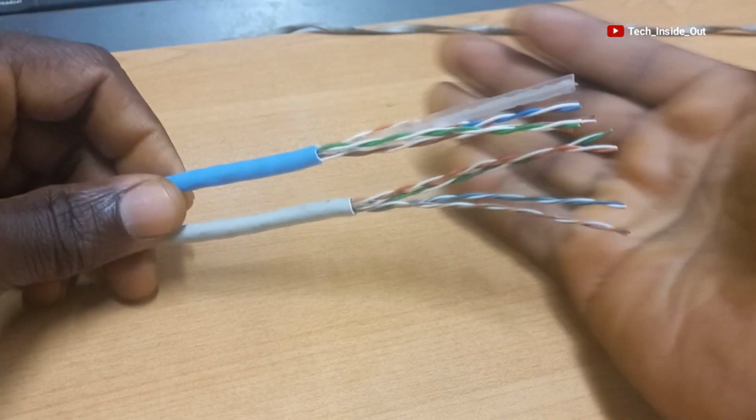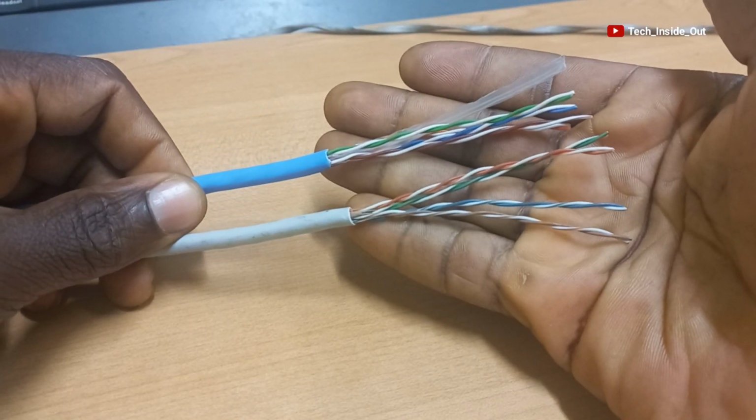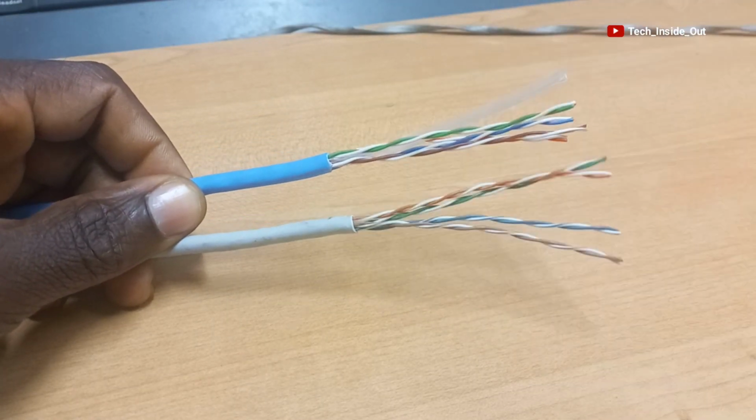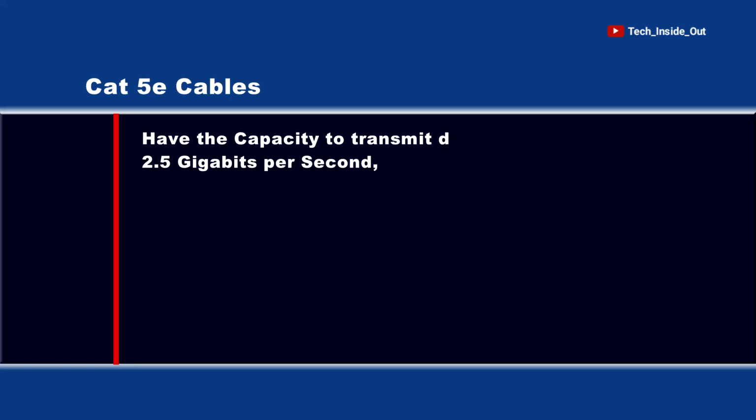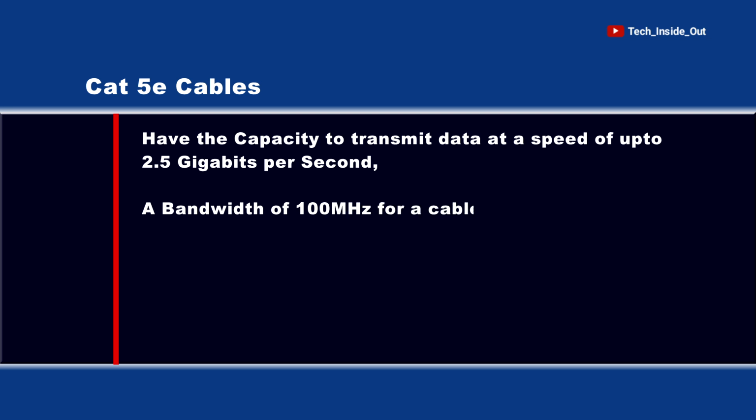So let's look at each of these cables and their respective characteristics. Cat5e cables have the capacity to transmit data at a speed of up to 2.5 gigabits per second and a bandwidth of 100 megahertz for a cable length of up to 100 meters.